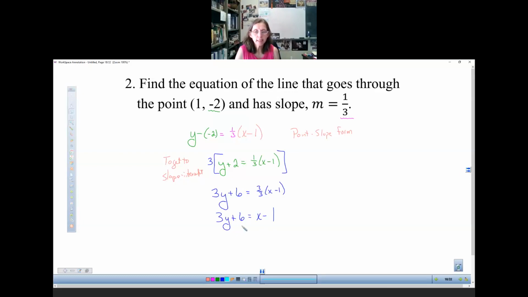Subtracting 6 from both sides leaves me with 3y is equal to x minus 7. And then dividing everything by 3, I get y is equal to 1/3 x minus 7/3. And this is my slope-intercept form.